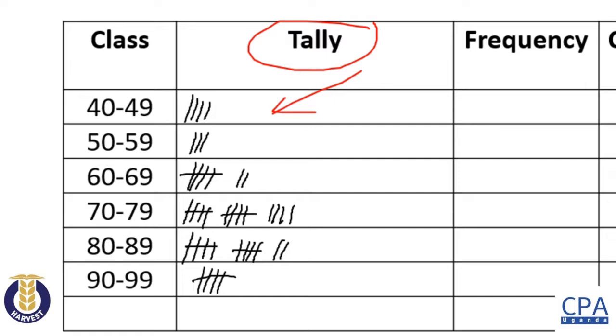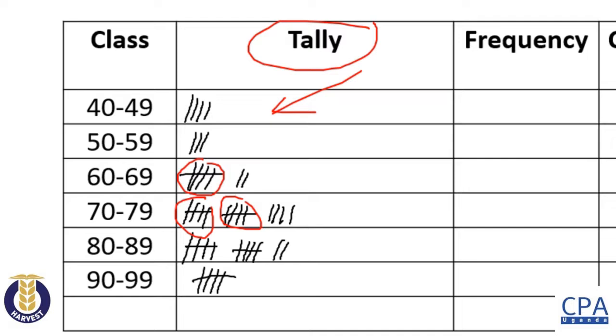Now those who are doing it for the very first time, you have seen that I have bundles of 5, okay? Now the principle is that every fifth stroke is drawn across the preceding 4 strokes to form small bundles of 5. So exactly that is what I've done.